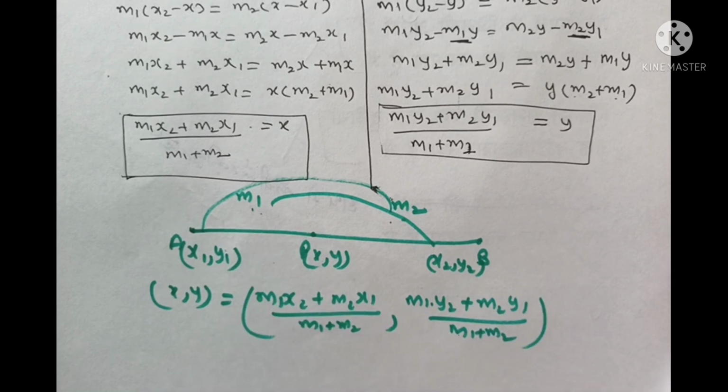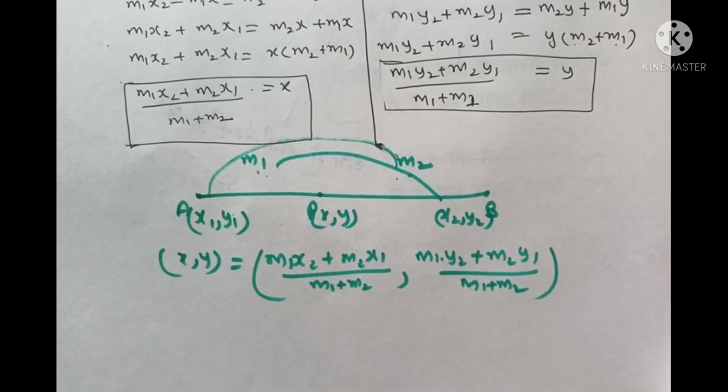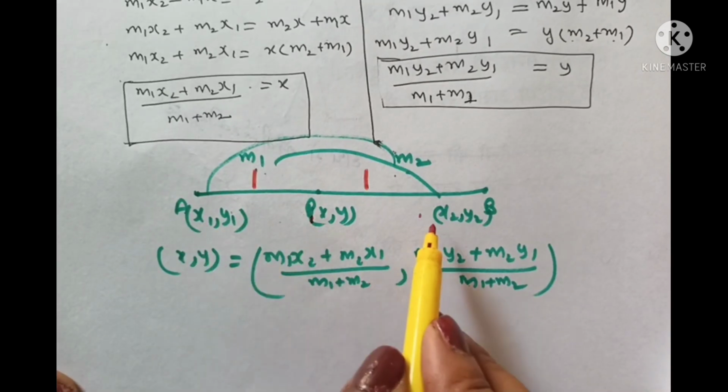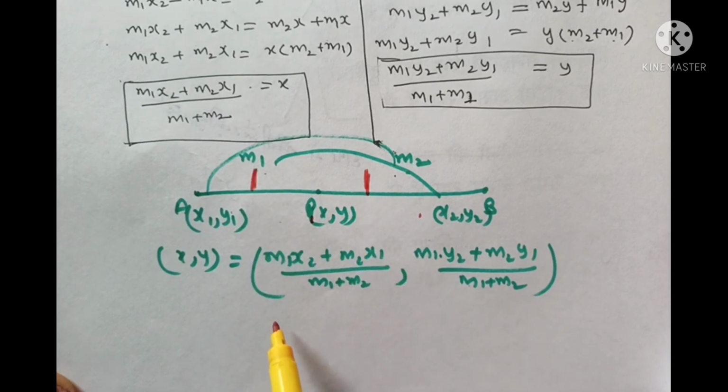So this is the section formula, and here only let us derive the midpoint formula. If P is the midpoint of AB, then may I say that AB is divided in 1:1? Because AP is equal to PB. Now let us apply the section formula.